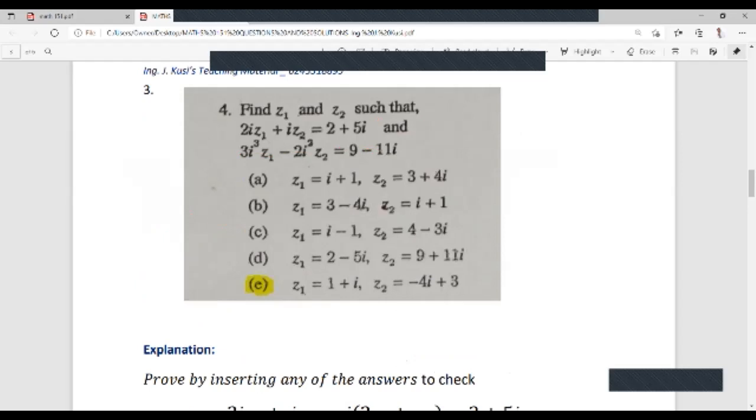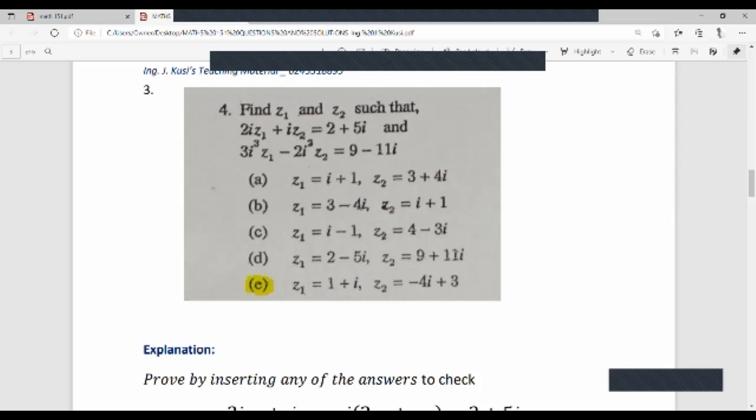You can clearly see that Z1 is equal to i plus 1 at A. Check C, Z1 is equal to i minus 1. Check E, Z1 is equal to i plus 1. So you see that i plus 1 and i minus 1 are likely to be Z1, so you can pick that one and insert it and see.